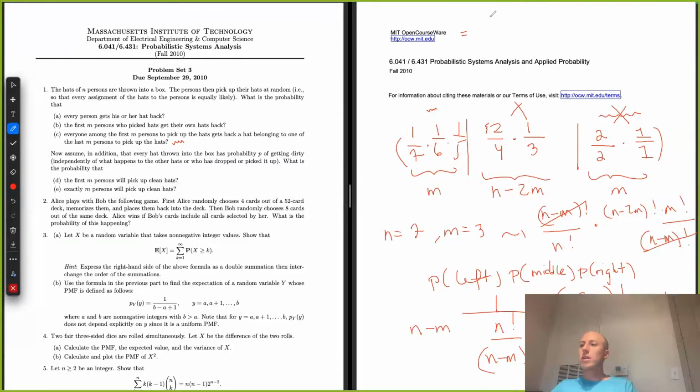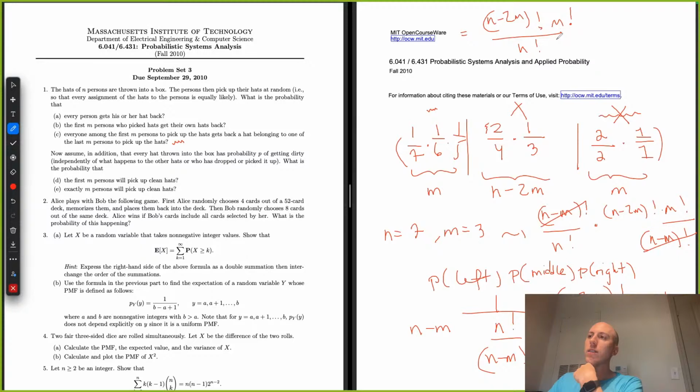So the answer would be n minus 2m factorial times m factorial over n factorial.